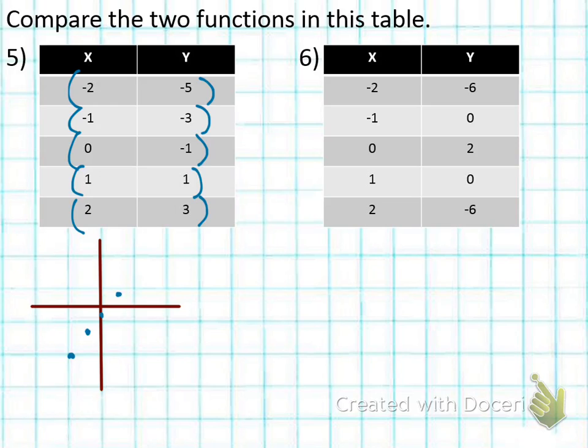What does it look like is happening on this graph? What kind of graph does it look like? Linear, right? And what kind? Positive or negative linear? Positive linear, right? So on your homework, you'd say it's a positive linear.